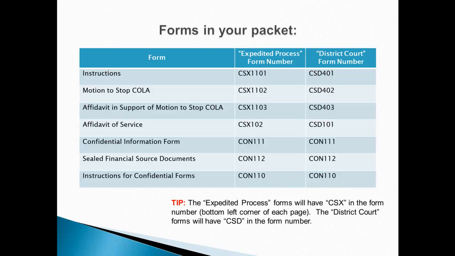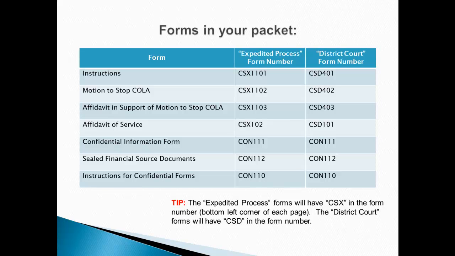The motion to stop COLA forms in the expedited process packet include instructions CSX 1101, motion to stop COLA CSX 1102, affidavit in support of motion to stop COLA CSX 1103, the affidavit of service, personal and by mail, CSX 102, confidential information form CON 111, and sealed financial source documents CON 112.